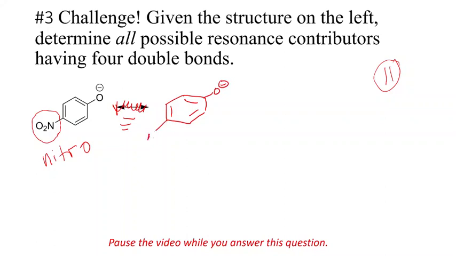Now, you probably know now that the way we're going to write this nitro group is like this. It's a system with 2 pairs of electrons on an oxygen doubly bonded to nitrogen, 3 pairs of electrons on an oxygen singly bonded to the nitrogen, and there's a plus charge on the nitrogen, minus charge on an oxygen.